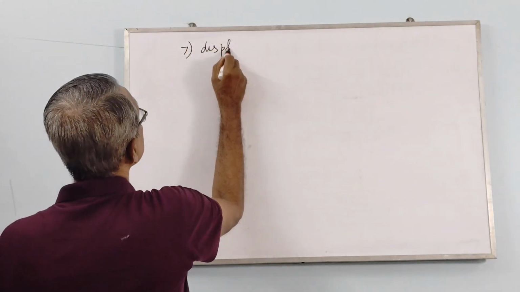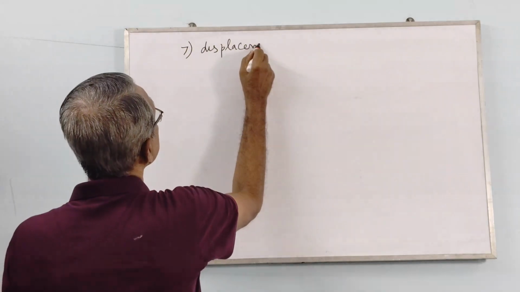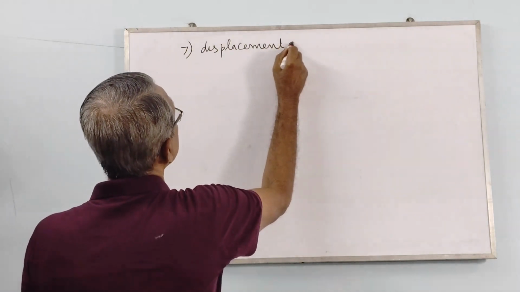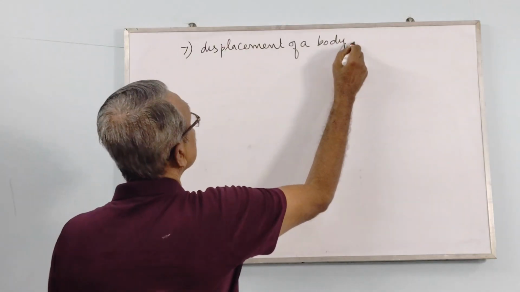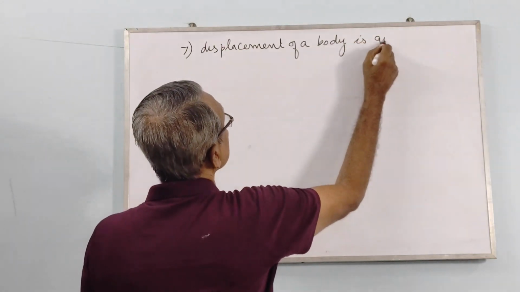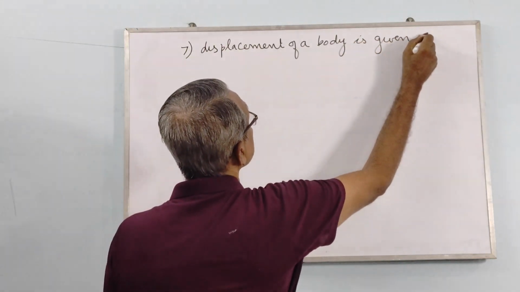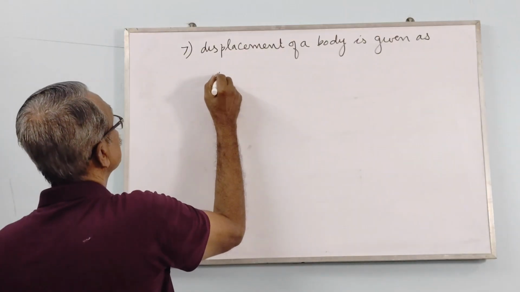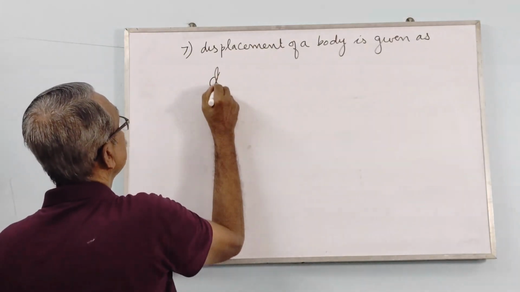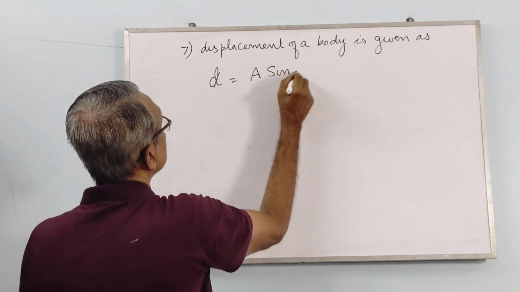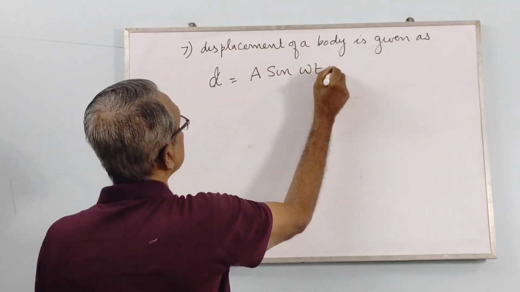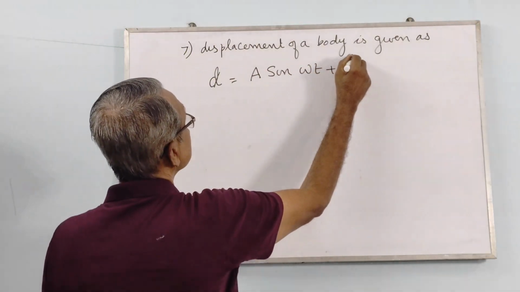Displacement of a body is given as displacement is equal to A sin omega t plus theta, where omega is a constant.